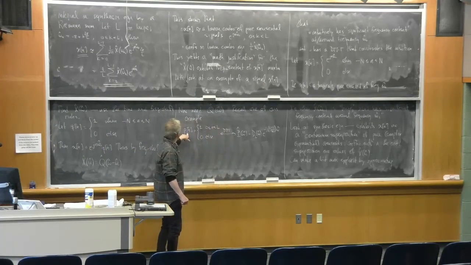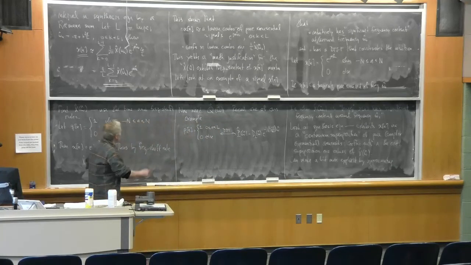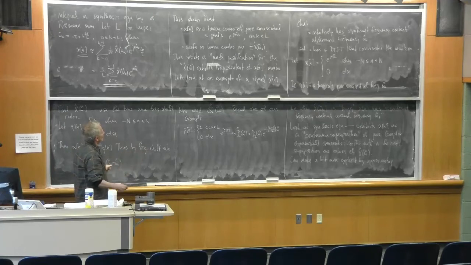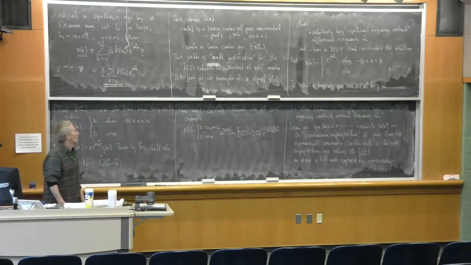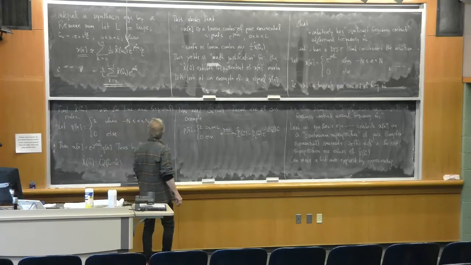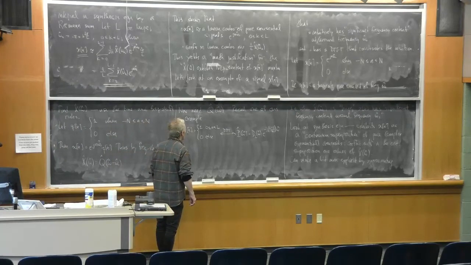Okay, so what about this p of n versus this q of n? The q of n goes from minus N to N, the p of n goes from 0 to L minus 1. If I pick a good value of L, I can just make q a shifted version of p. How about that? So if we pick L equals, what does it have to be? I think it's 2N plus 1.